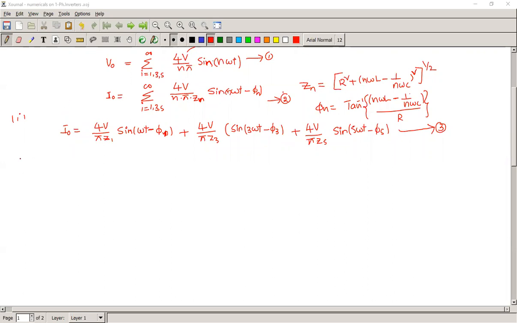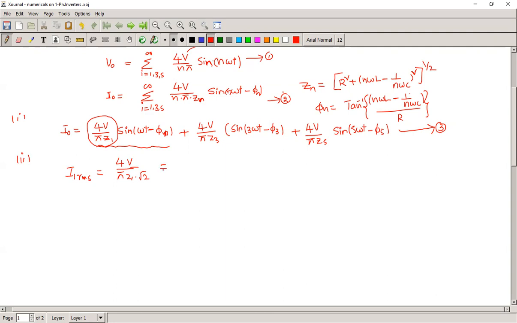So in the second bit, you have to calculate the RMS value of the fundamental current. See, actually, this is the expression for the fundamental current because n is 1. This is the maximum value. So the RMS value for the fundamental component, I RMS equal to this maximum, 4V by pi Z1, divided by root 2.